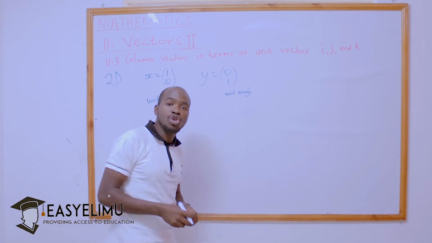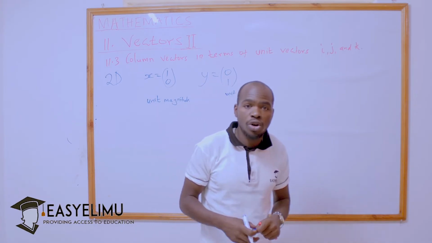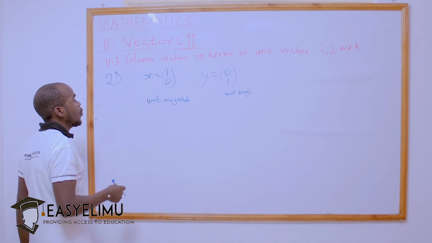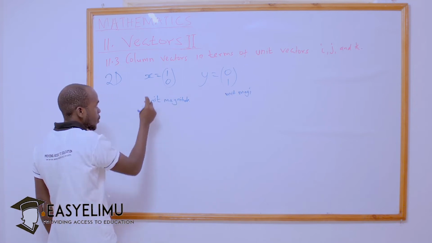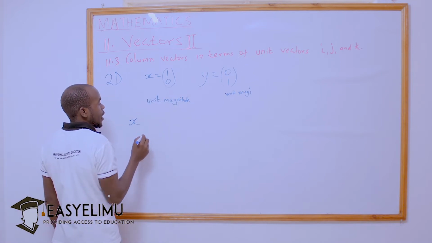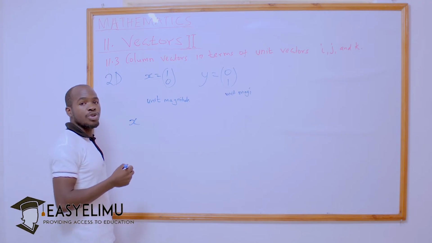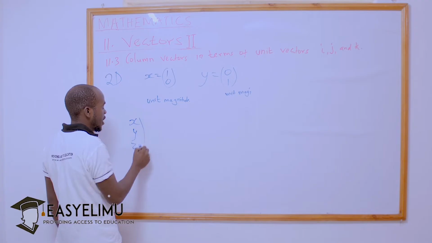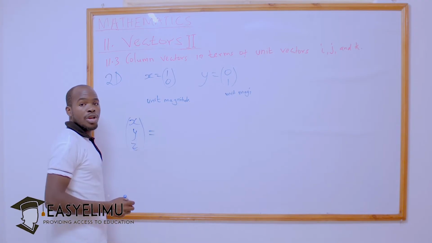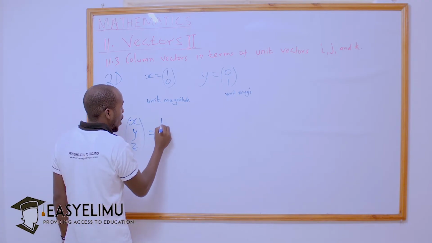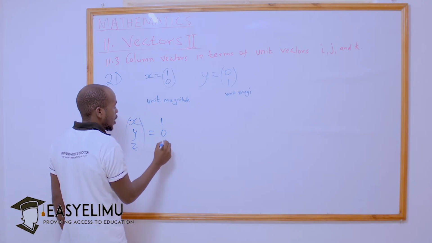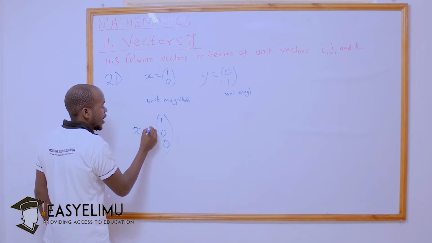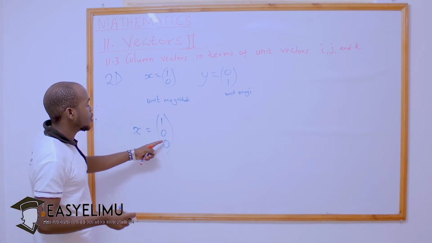Now we introduce 3 dimensions. A unit vector in 3 dimensions is given in x, y, z, since we are introducing z. For the x direction we have 1, 0, 0.